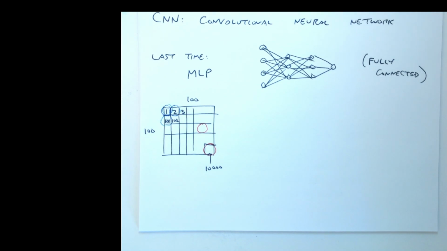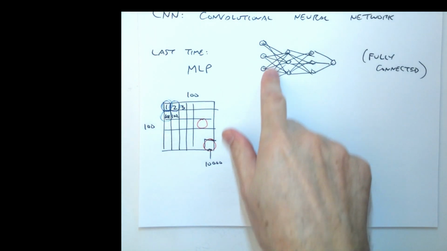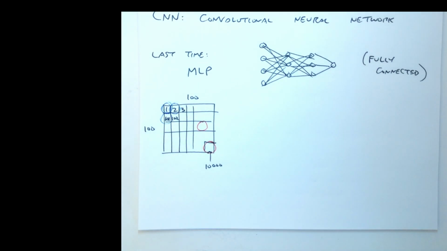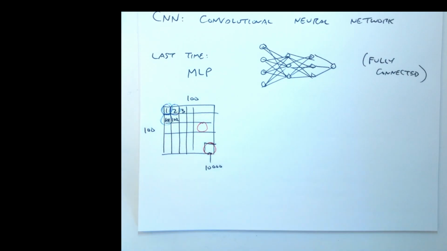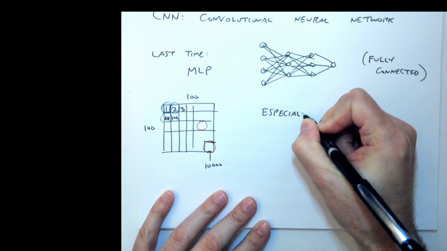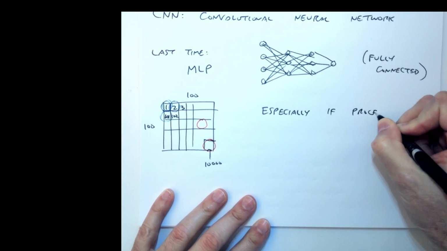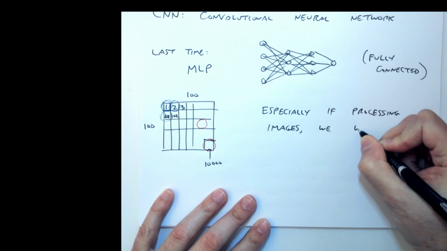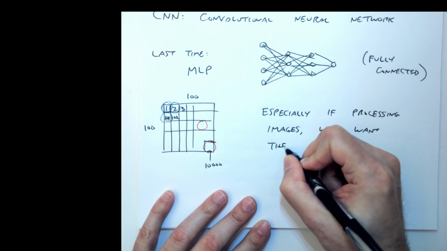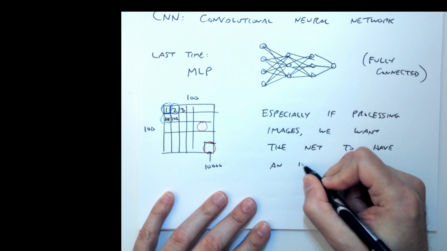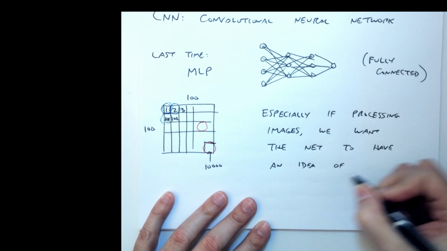There has to be some idea of spatial adjacency between inputs that is not captured when everything is just connected together, right? So this is the key idea behind CNNs: especially if we're processing images, we want the network to have an idea of adjacency.